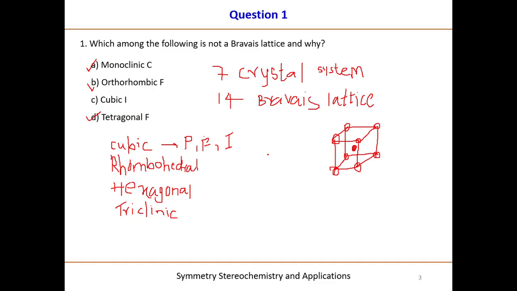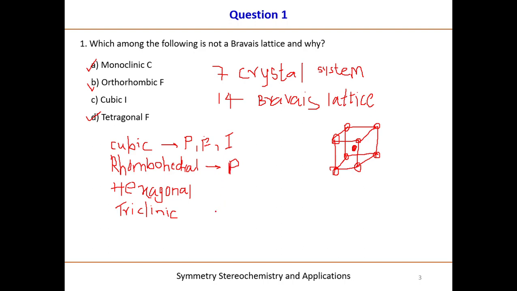So now let's talk about the Brevis lattices present in these systems. As I told you, the cubic system has 3 Brevis lattices, that is primitive, face centered and body centered. The rhombohedral has only primitive lattice.